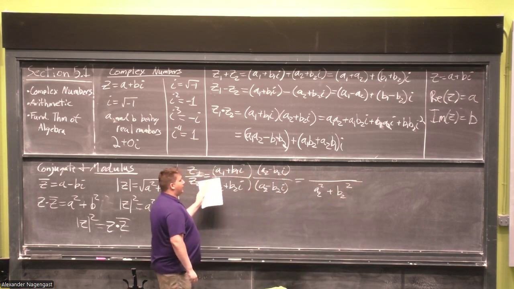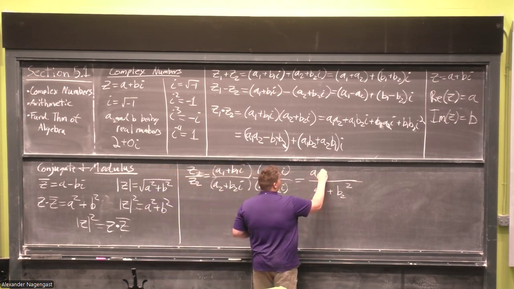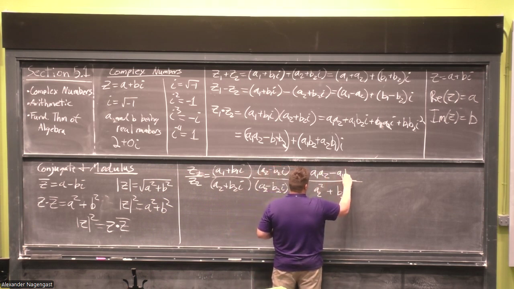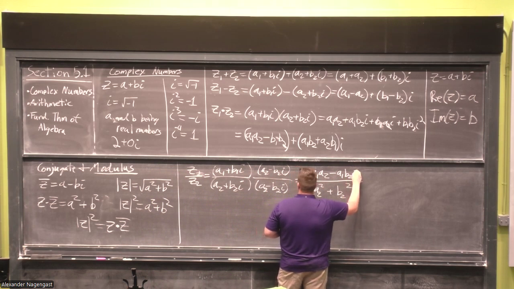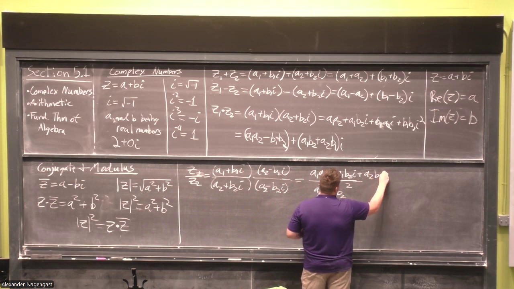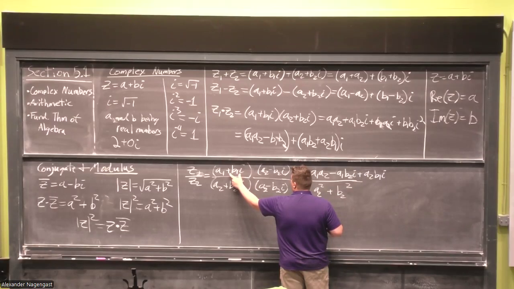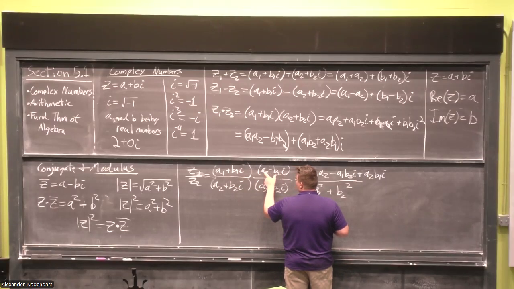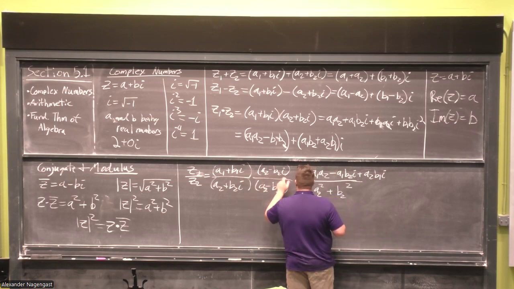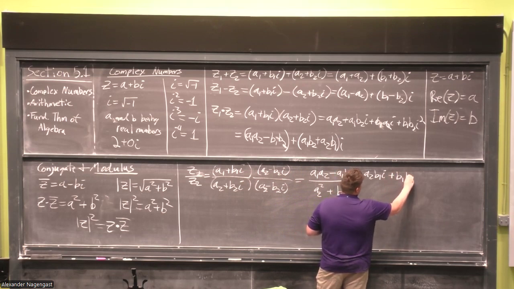The top, we have to work this out and we get a1 times a2 minus a1 b2i plus a2 b1i. And now we're going to have a minus, so b1 times negative b2, but we're going to have i squared, so we're going to have positive b1 b2.